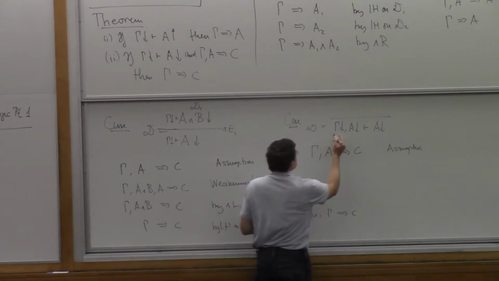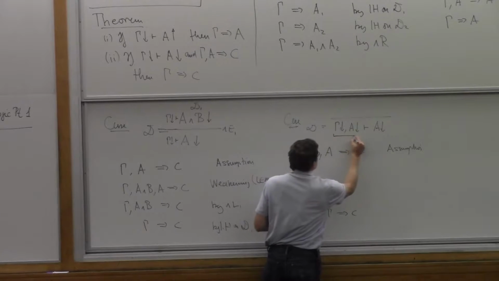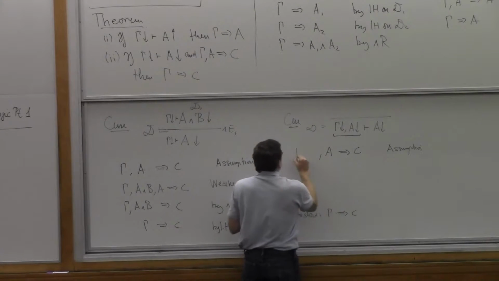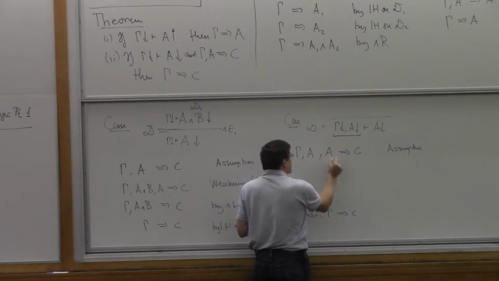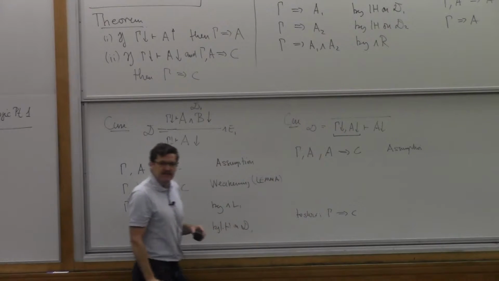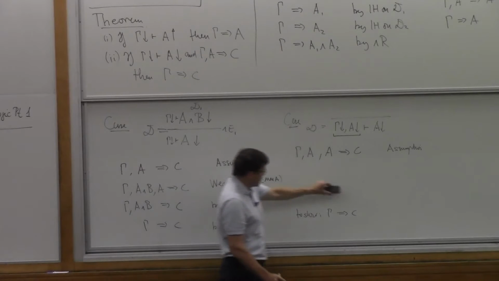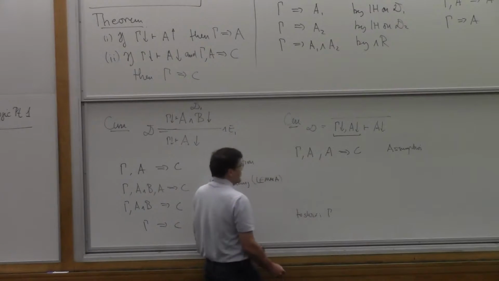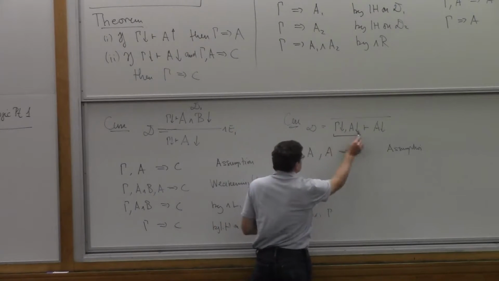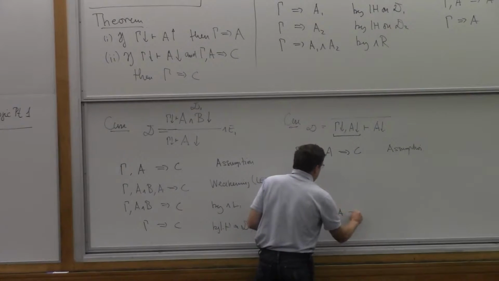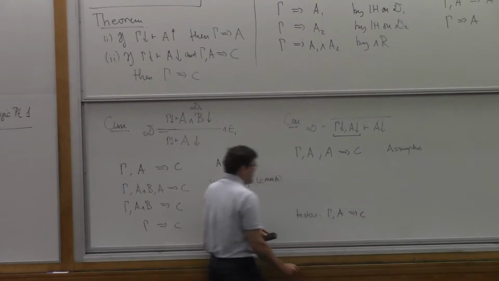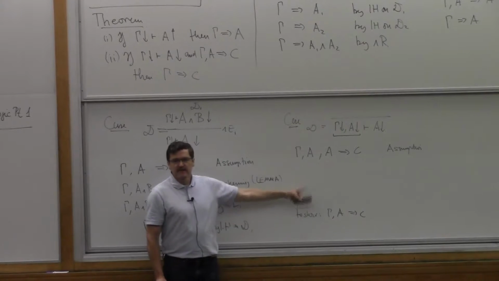Yeah, that's because, okay, this is the left-hand side. So we really have gamma together with A proves C, right? Okay. And what do we really have to show? Not gamma proves C, but this left-hand side, gamma with A proves C. Okay. Now how do we get this? We get from here to here?